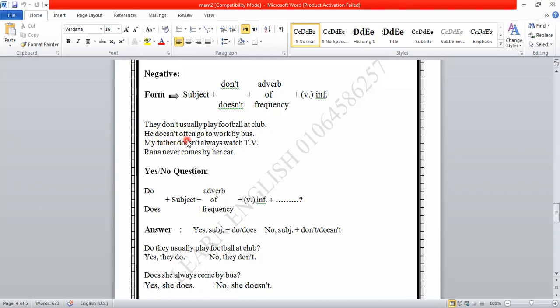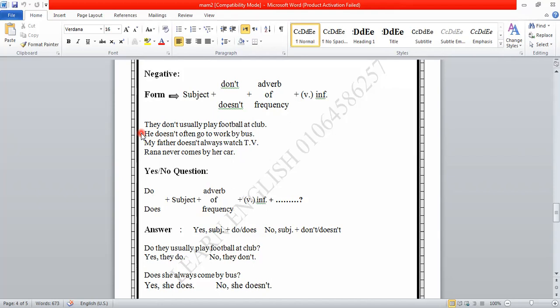He doesn't often go to work by bus. If we put this sentence in affirmative, it will be he often goes to work by bus.